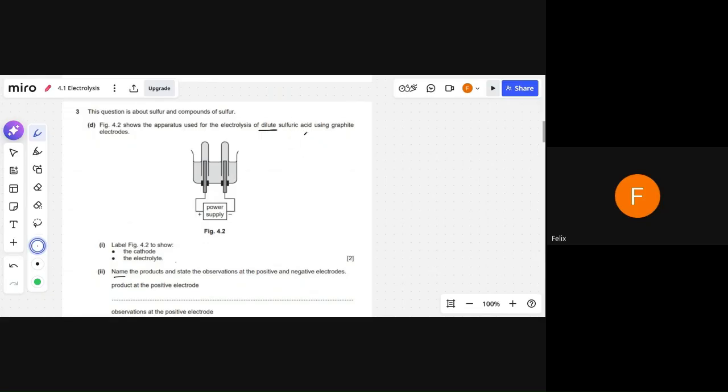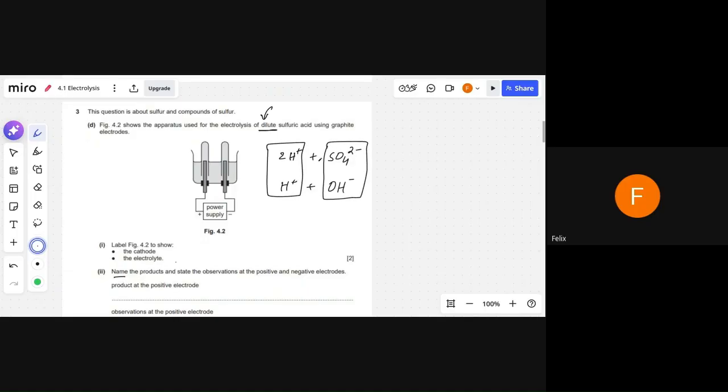This is a much more difficult question than the previous two, since it involves aqueous electrolysis. Sulfuric acid dissociates into H plus and HSO4 minus, or 2H plus and SO4 2- sulfate ion, right? But we will also have H plus and OH minus from water. So we have two positive ions and two negative ions.